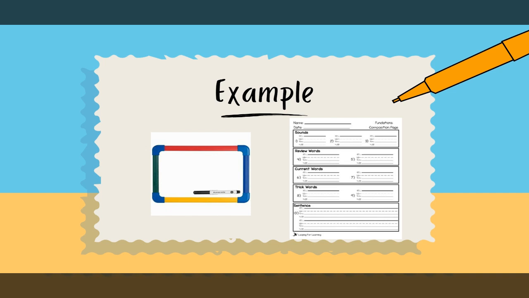Last week we learned the digraph SH, write ship and shut. And then the current words, write chip and chin. The trick words this week were she and he, write those. And then the sentence is, he has my chips. And they would write that.